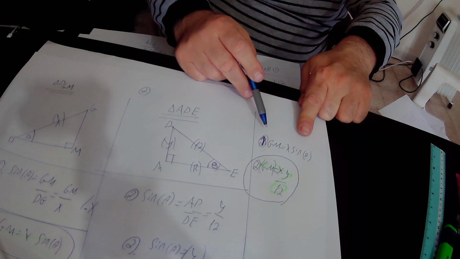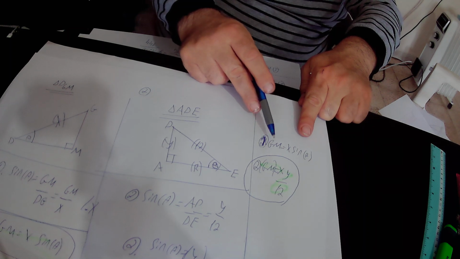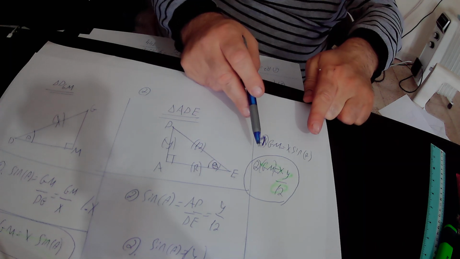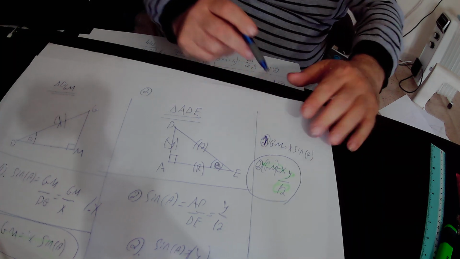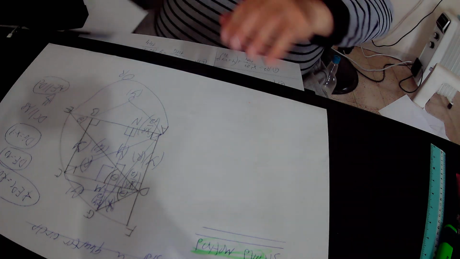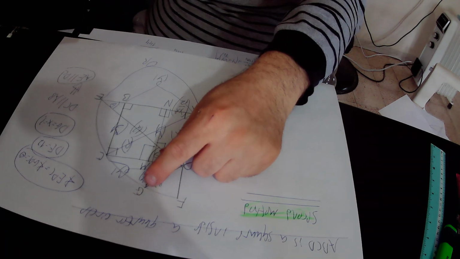We did it and found out that GM equals x and sine theta is y over 12. So in conclusion, we found out that GM equals xy over 12. Here, GM equals xy over 12.